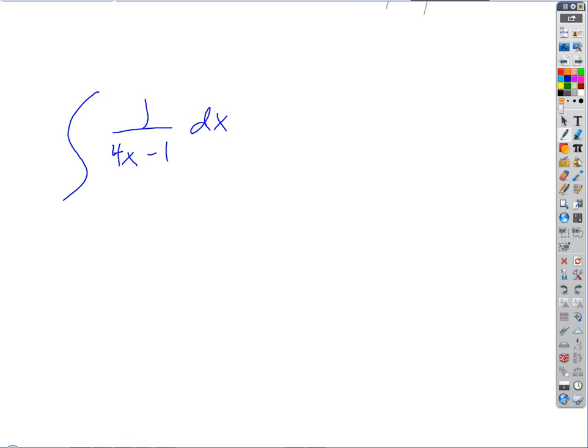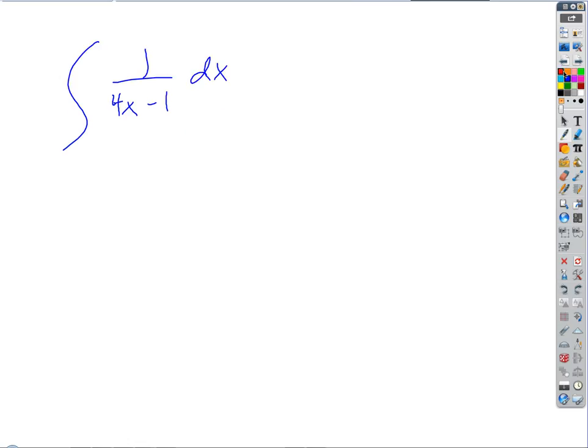Yeah, so we make a u substitution. Let's let u equal 4x minus 1. So then du equals 4 dx. We're doing the derivative in differential form, right? And so what do we got here? Well, we've got a dx.